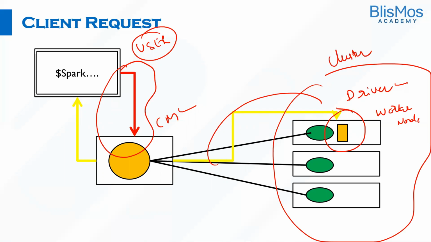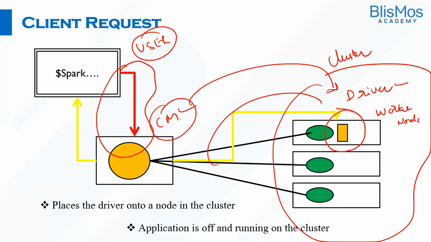That is one of the steps after a user submits a request to the cluster manager. After the cluster manager places the driver process in one of the worker nodes, the application which has submitted the code will be off and the cluster is on its own now.